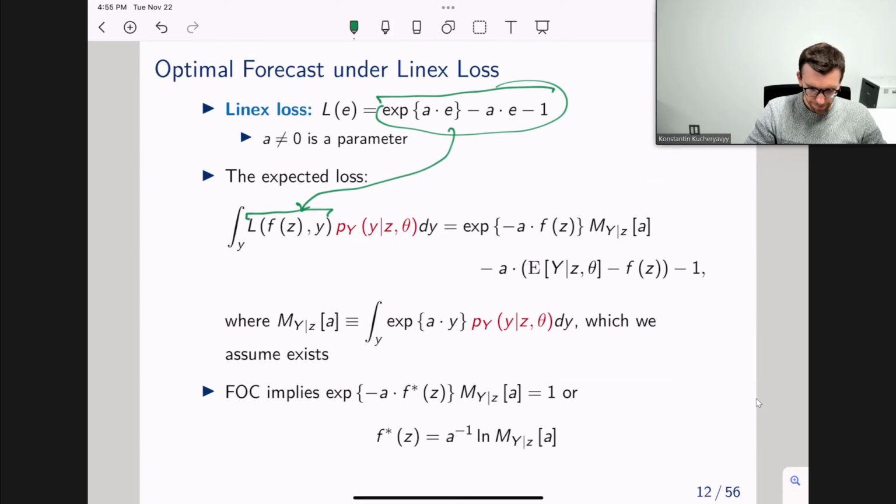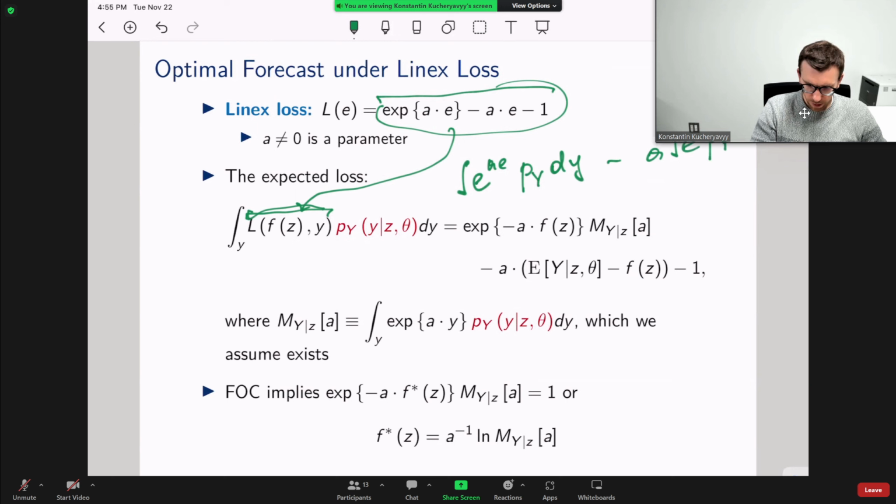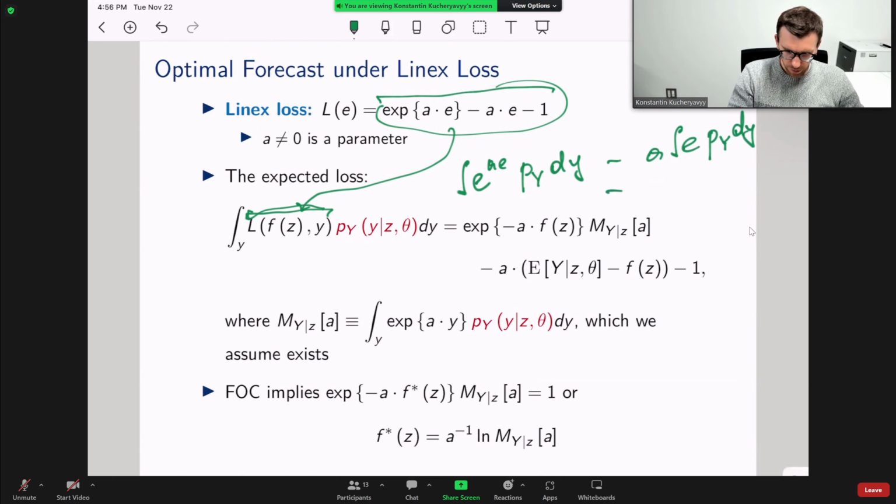Then you can calculate this loss function, it will be like the integral over exponent of a e, p(y) dy, minus a integral of e p(y) dy, and minus p(y) dy.